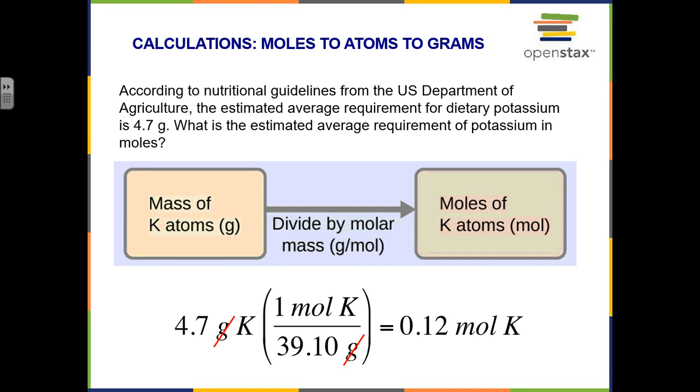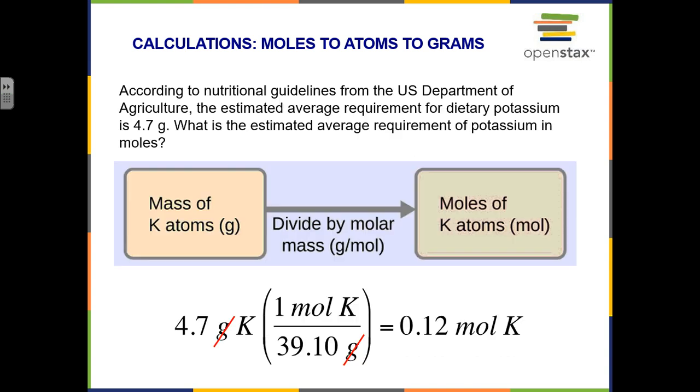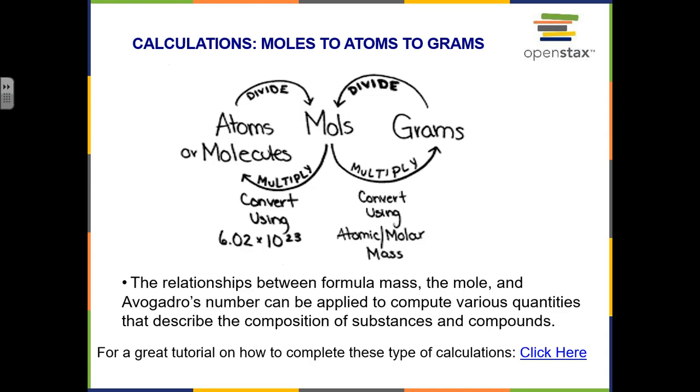Well, according to the diagram that we previously looked at, whether you're going from moles to grams or grams to moles is what's going to dictate the approach that you're going to use. Now, in the question, we're given grams and we're being tasked with finding moles. Following the diagram, where we're going from grams to moles, we take the grams of 4.7 and divide that by the atomic or molar mass to get our moles.